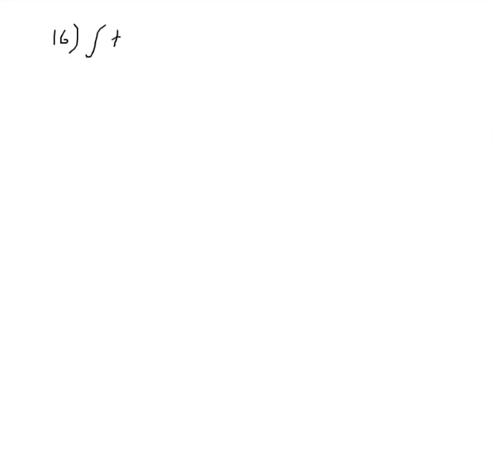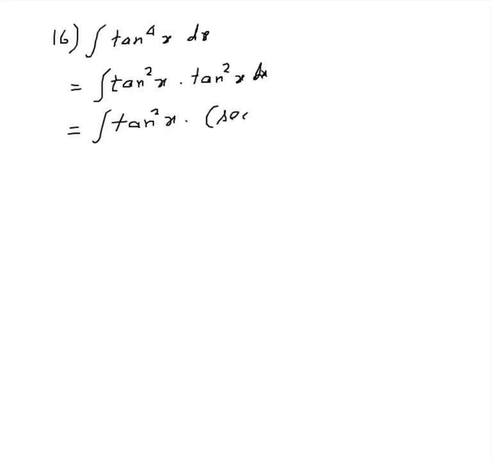Question number 16. Integral of tan power 4 x dx. Let us write this tan power 4 as tan square x into tan square x. Let us write 1 tan square as secant square x minus 1, identity.